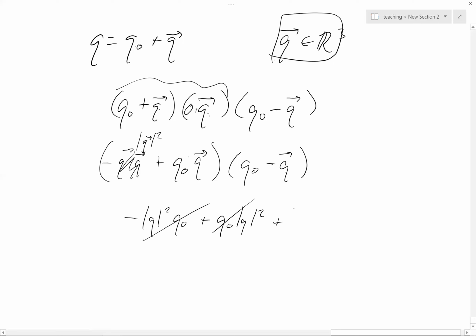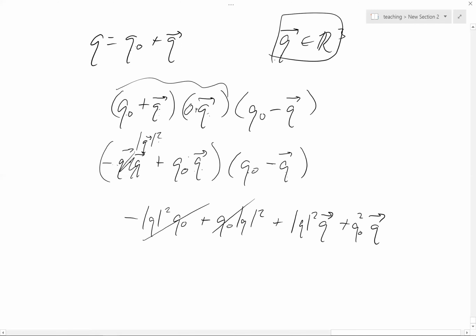And then for the vector part, I've got the real thing times the vector here. So minus, that's length of q squared times q, because again, minus minus makes it plus. I've got the real part times the vector here, so that's q0 squared q.